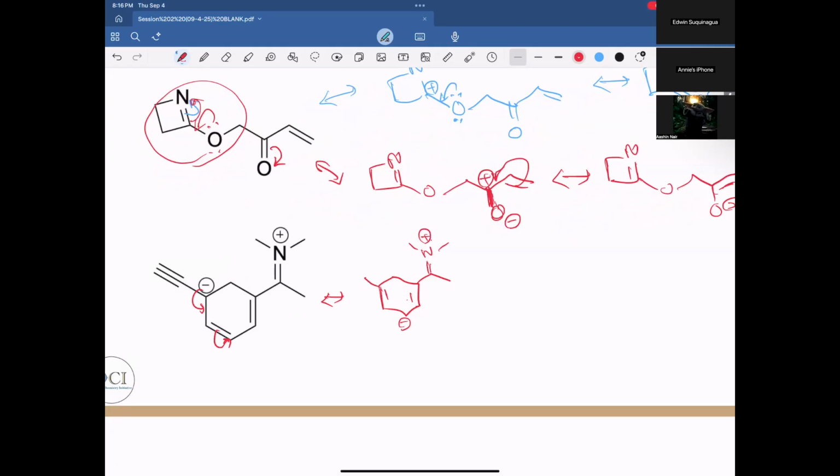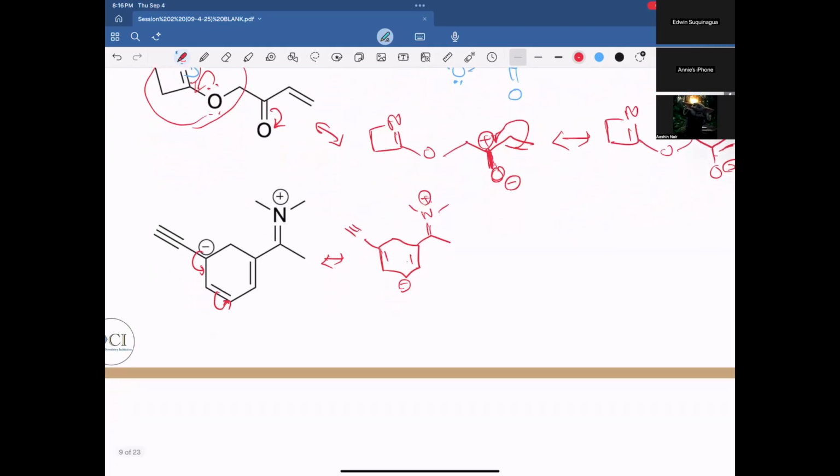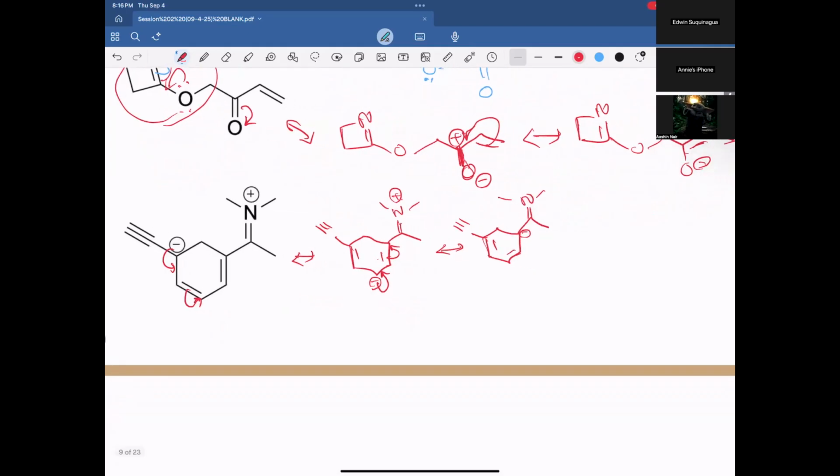Positive. 1, 2, 3. We can keep moving that negative charge because it's participating in electron lone pair. 1, 2, 3. There will be a negative charge. This is negative charge. There's a single bond and then a double bond. So now we can do it like this, like this.